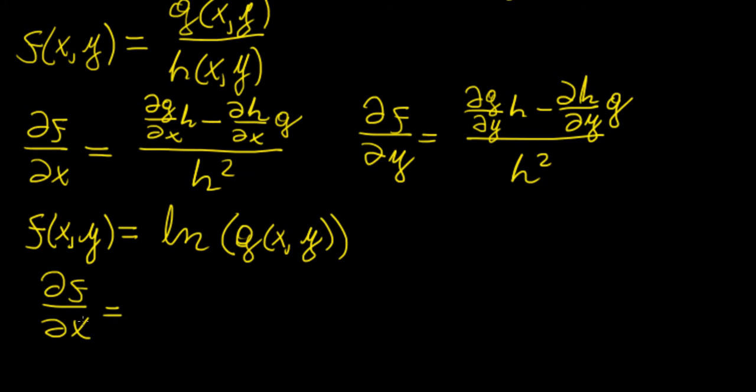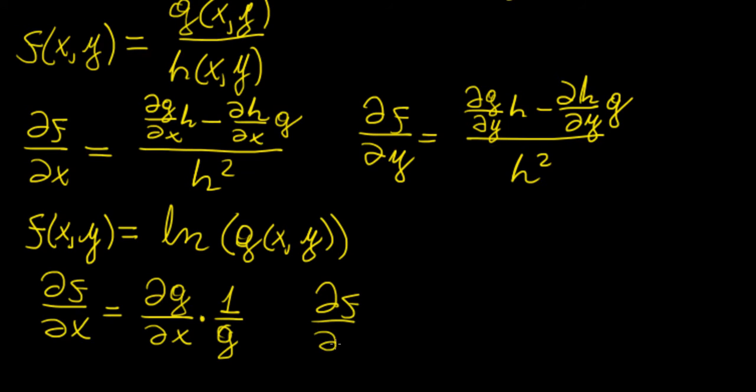So in this case, we're taking the derivative with respect to x, so we're going to have the partial derivative of g with respect to x times 1 over g, which is the same as just this divided by g. And then if we want the partial derivative of f with respect to y, we're going to get the partial of g with respect to y times 1 over g. So that's very straightforward as well.